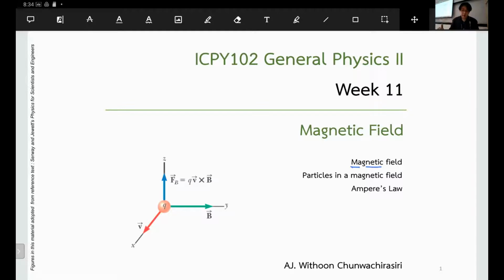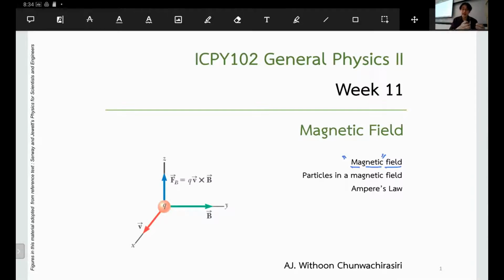However, there is another kind of force that we can detect in nature, and we named it magnetic. We're going to use the same concept of field, so there will be another type of field due to the magnetic source.